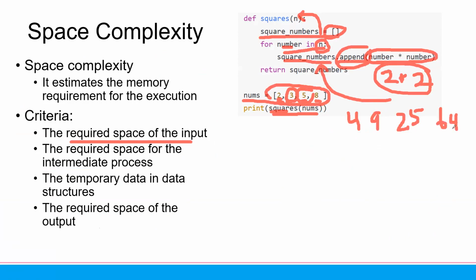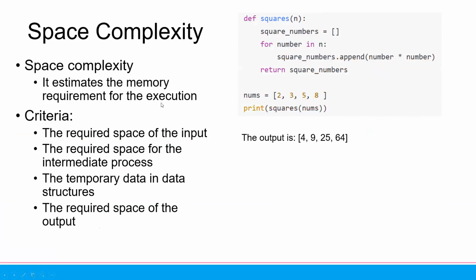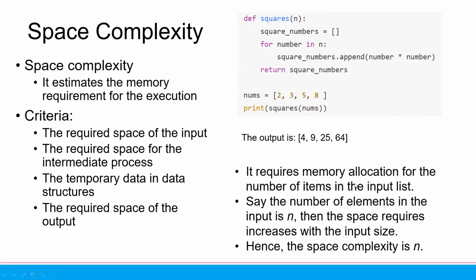So how much space do we need? In this case, we have only n numbers. If we have the input n, the output also will be n. Then we have just n. It requires memory allocation for the number of items in the input list. So say the number of elements in the input is n.